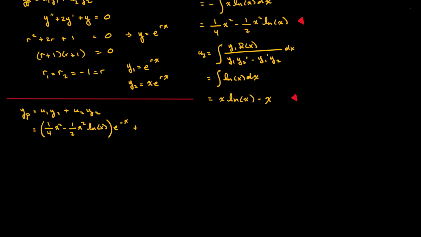Then we add u2 y2, so we have found that u2 is x ln of x minus x, and then we multiply it by y2, which is x e to the negative x. I would encourage you to try to evaluate this expression. After some simplification, you'll find that we can express it as x squared over 2 ln of x minus 3x squared over 4, multiplied by e to the negative x.